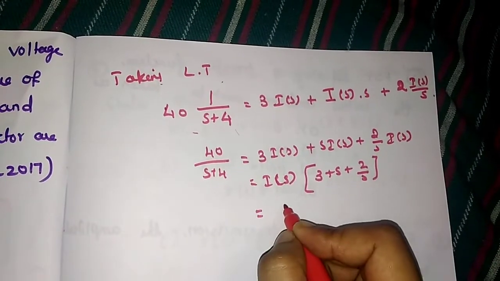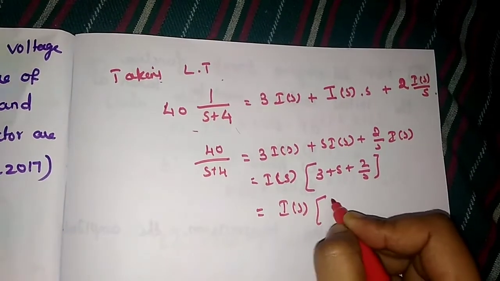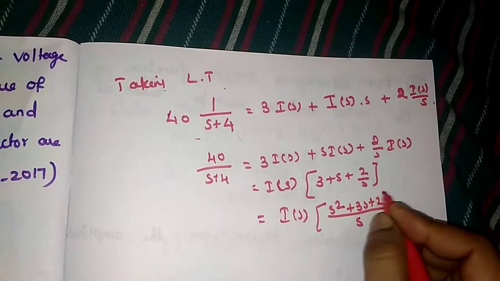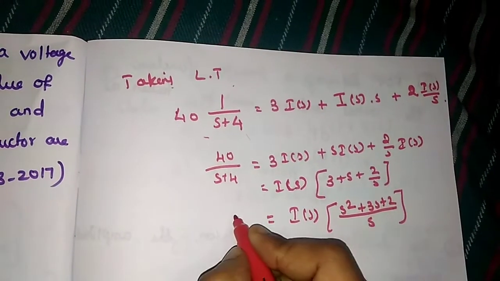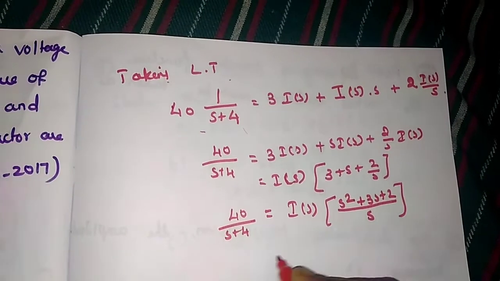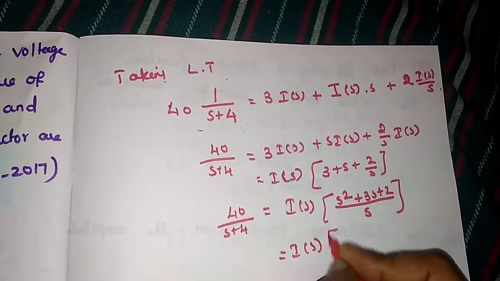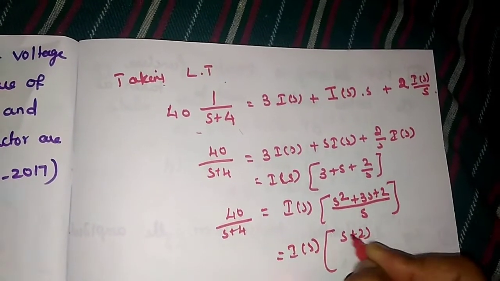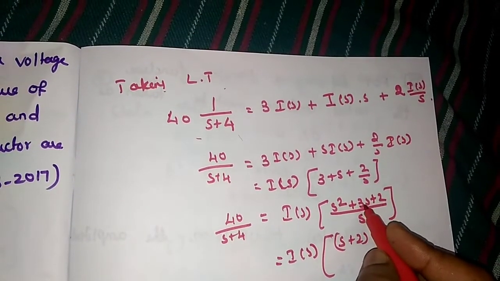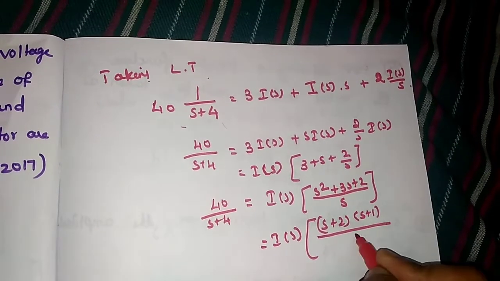So solving this, we get I(s) times (s squared plus 3s plus 2) divided by s, and this side we have 40 divided by s plus 4. We can rewrite this as (s plus 2) into (s plus 1), since the multiplication is 2 and the addition is 3, so 2 into 1, divided by s.